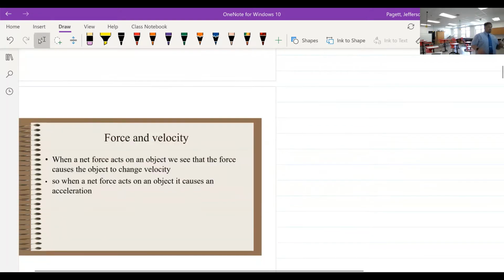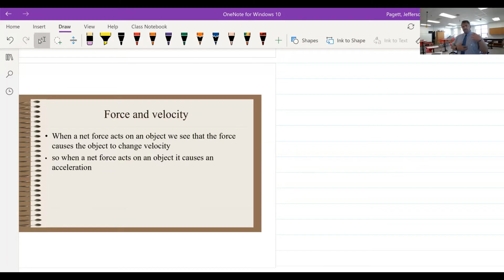Now, this is kind of a summation. We said that force is any push or any pull on an object. And we can say that when there is a net force, so a vector sum, a total force acting on that object, that object will have a change in its velocity. And therefore, a net force will cause an acceleration.